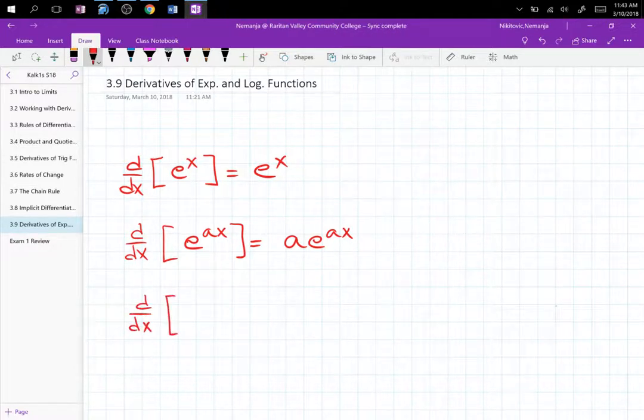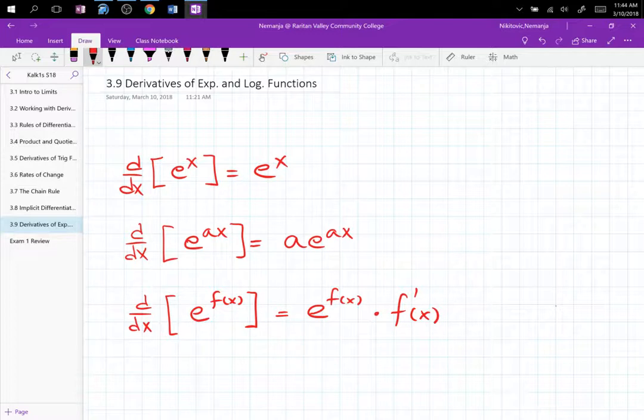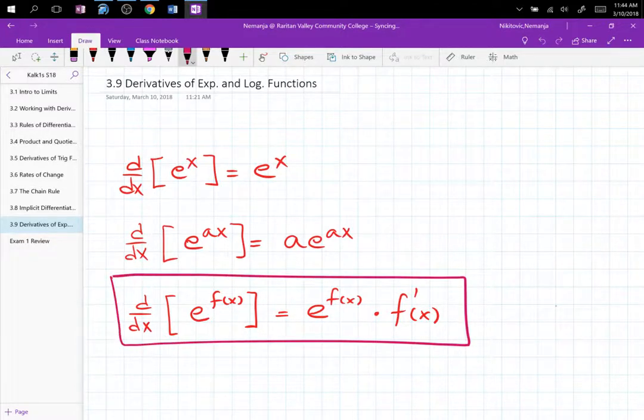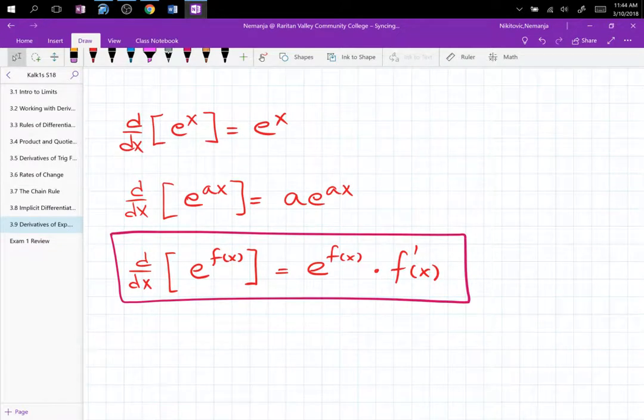It would be if we had any function, not just ax, but maybe ax squared or sine x or tangent x or whatever. So we can actually have any function up there. And if that is the case, the derivative is e to the f of x times the derivative of f of x, as the chain rule commands. So this would be the first one that I want to box, because this is the most general formula that you can get if e to the x is involved, and that is e to the f of x.